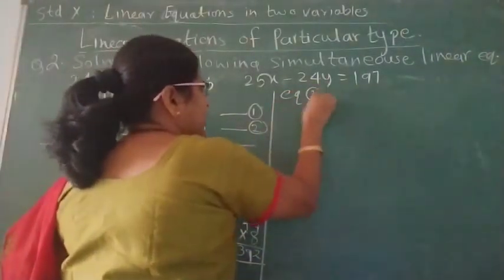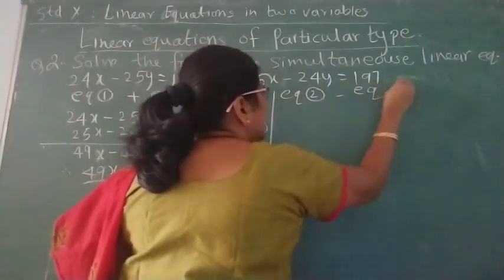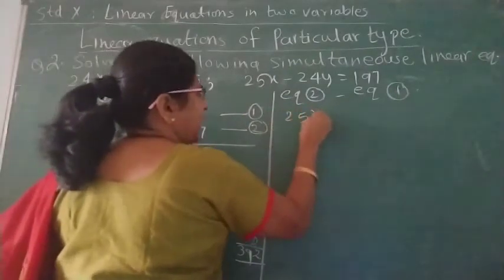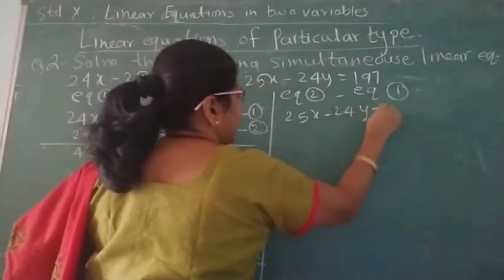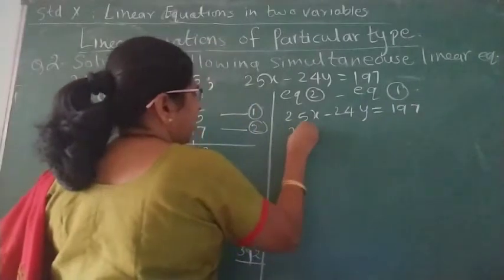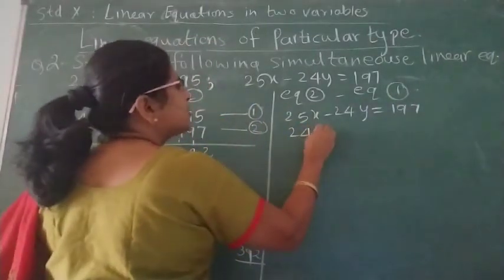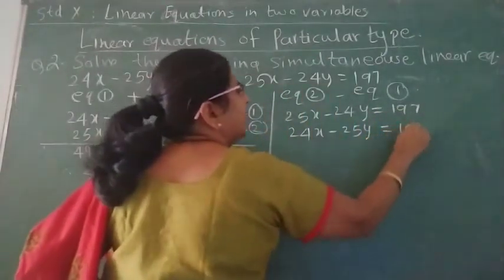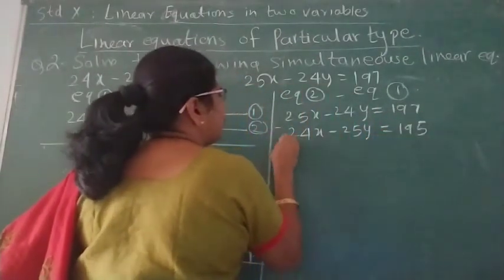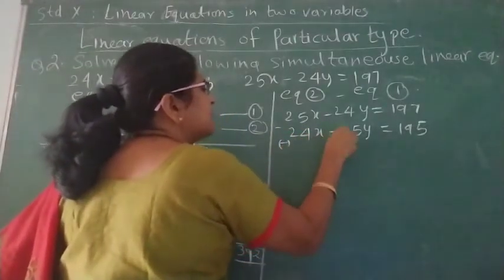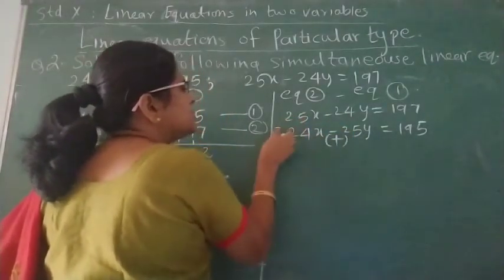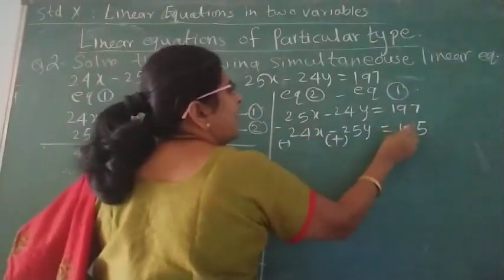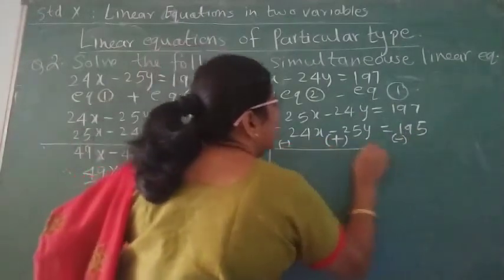So if we take equation 2 minus equation 1, let's write 25x minus 24y is equal to 197, and then equation number 1, that is 24x minus 25y is equal to 195. As we have to do subtraction, we have to change the signs. Plus will become minus, minus will become plus, because minus into plus becomes minus, minus into minus becomes plus, and this plus will again become minus.